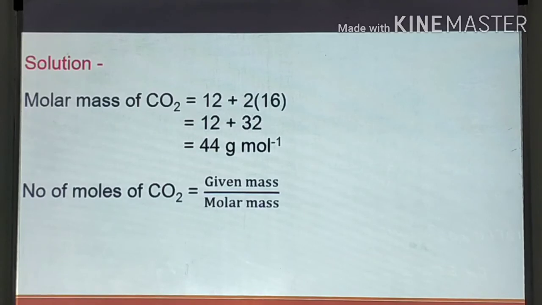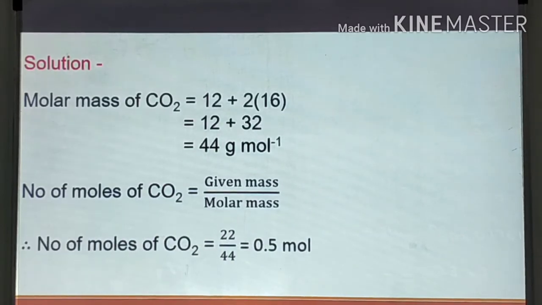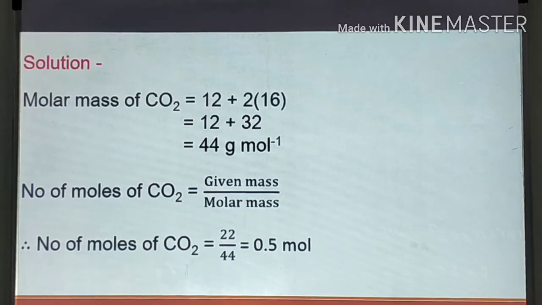Now I will find out the number of moles of CO2. Number of moles of CO2 will be given mass of CO2 upon molar mass of CO2. Let me substitute. Given mass is 22 grams. Molar mass is 44 grams. So 22 upon 44 becomes 1 by 2, that is 0.5 moles.